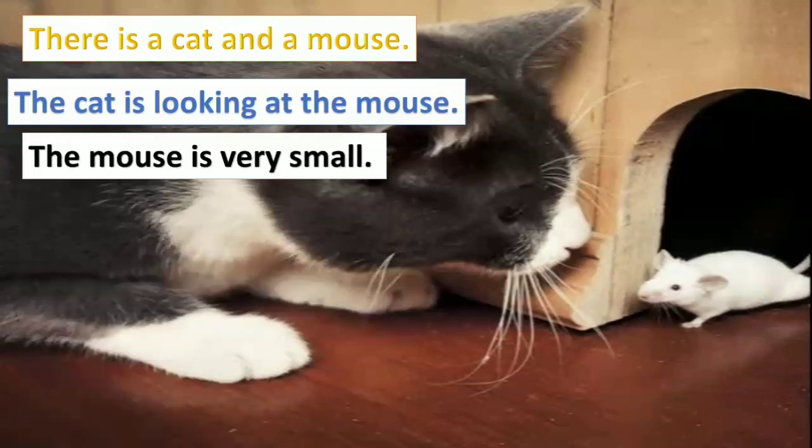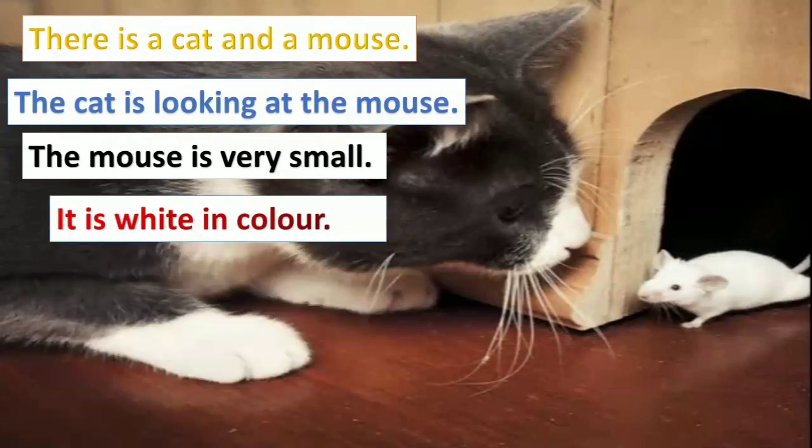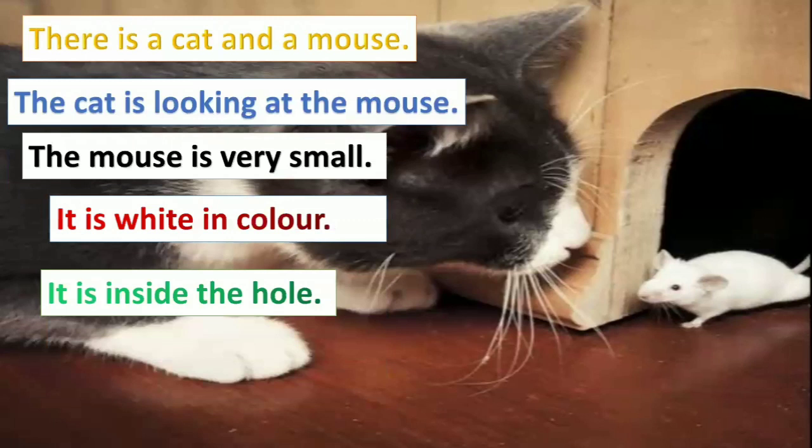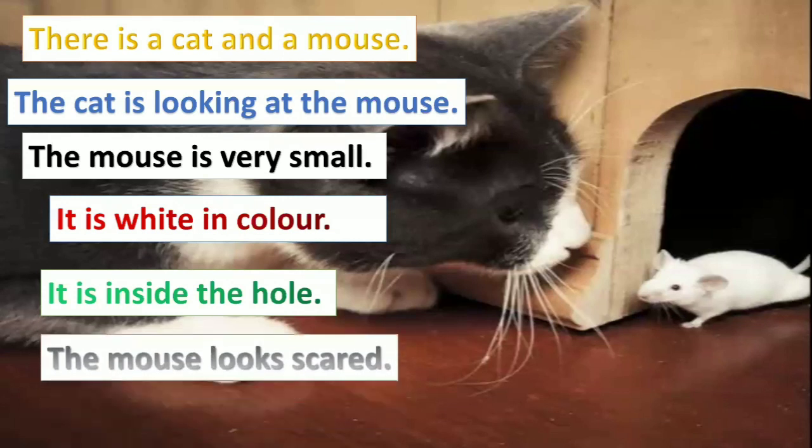And the mouse is very small, smaller than a cat. It is white in color. And where is the mouse? It is inside the hole. And how does the mouse look? The mouse looks scared. He's afraid of the cat.